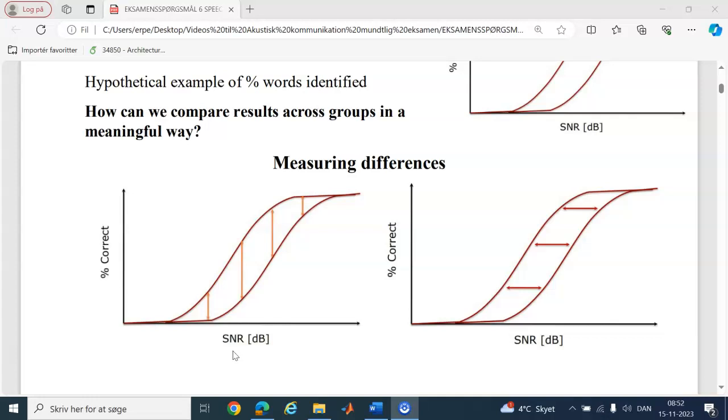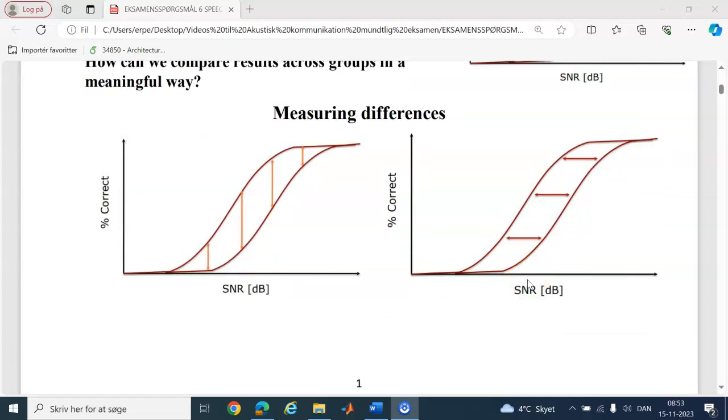And we can also, if we want the same percent correct words for the two groups, see how much difference in SNR there is.